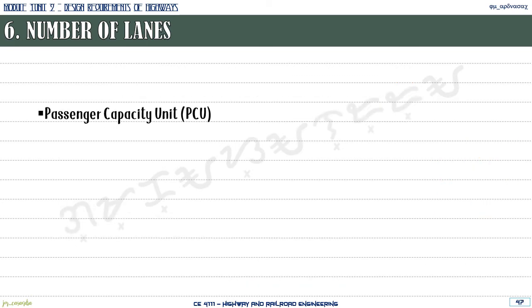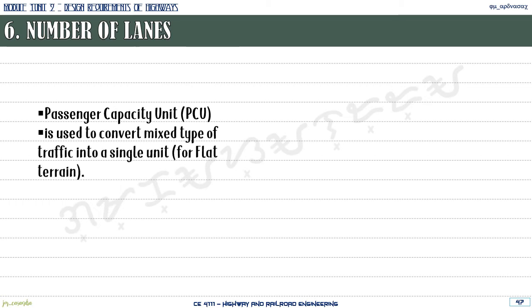So the PCU is simply a converted value of the mixed types of vehicles found in the traffic, and we convert it into a single unit. The conversion to a single unit will be based on car capacity, and the PCU will usually be applied for flat terrains.